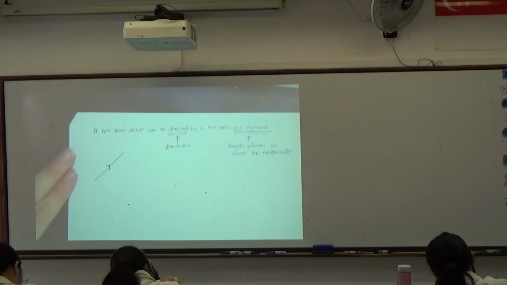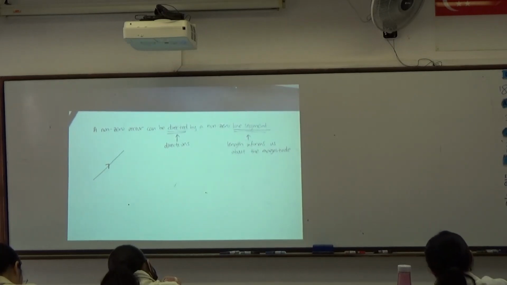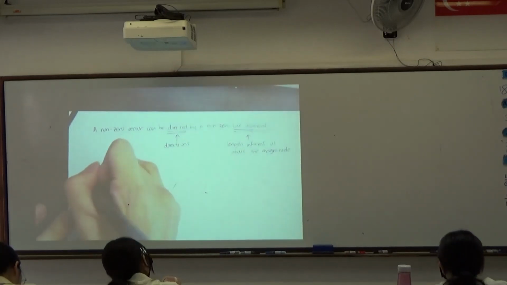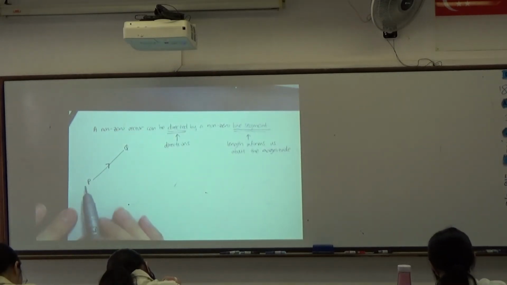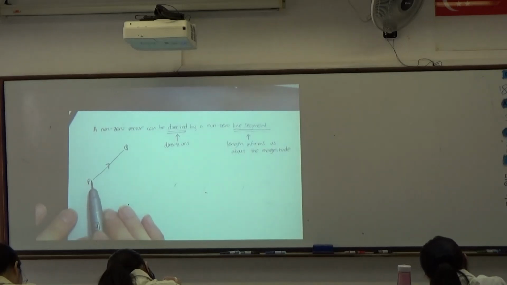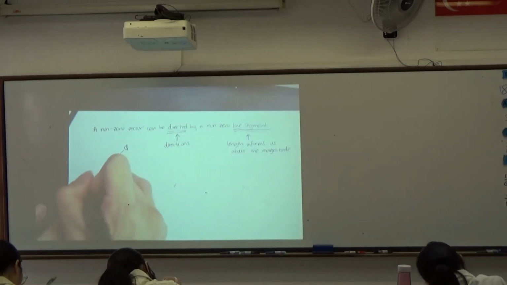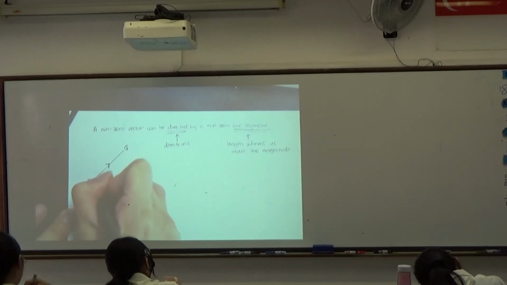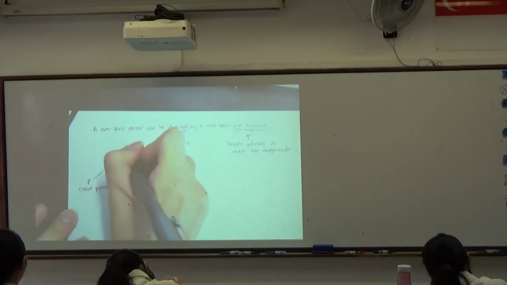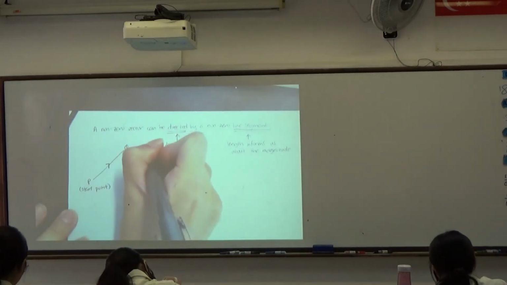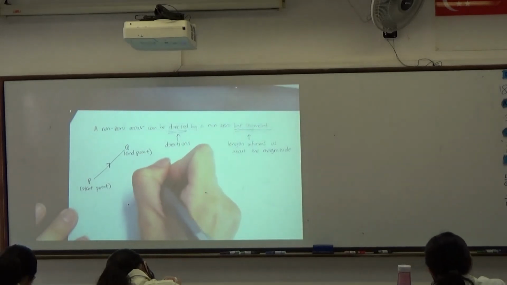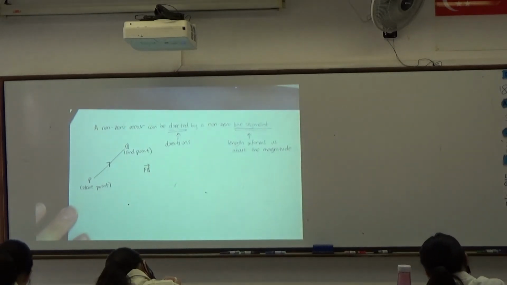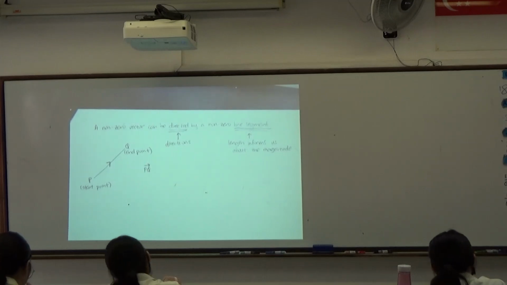So, in our notation, you will generally see 2 types of notation. If I label the start point and end point, in this case the start point is P and Q is the end point. For this particular vector that I have drawn, I can use the notation PQ with an arrow at the top.